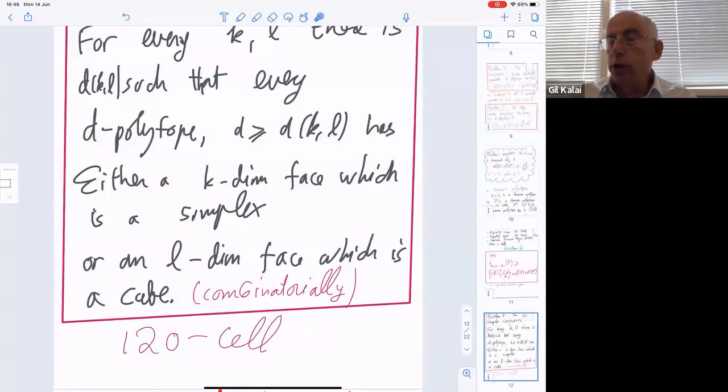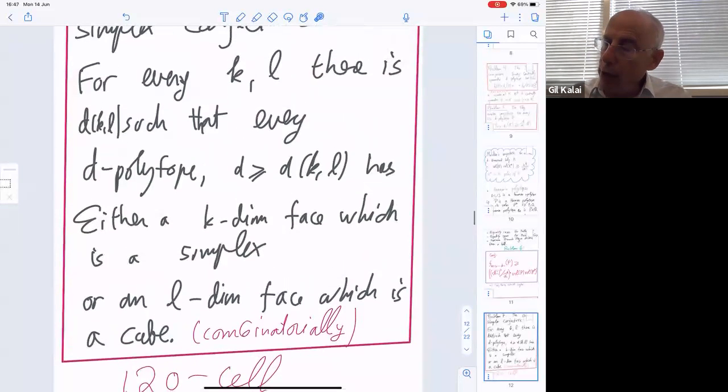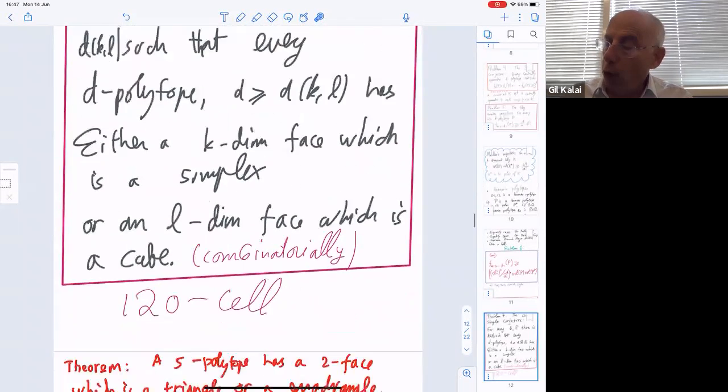One of them is called the 120-cell, and it has 120 facets, each of which is a regular dodecahedron. In particular, all the two-faces are pentagons. So what we see here is that d(2,2) is greater than 4.